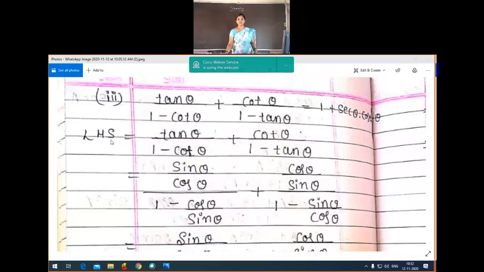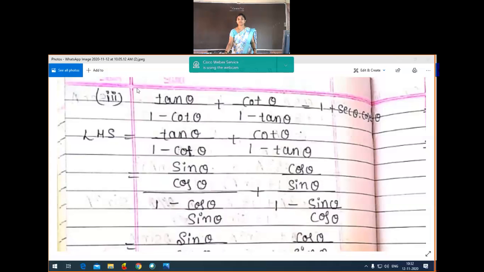So let us start with the LHS part. LHS is tan theta divided by 1 minus cot theta plus cot theta divided by 1 minus tan theta. This is the LHS part. Now they have given the hint, express this in the form of sin theta and cos theta. Everyone knows that tan theta is nothing but sin by cos, right?